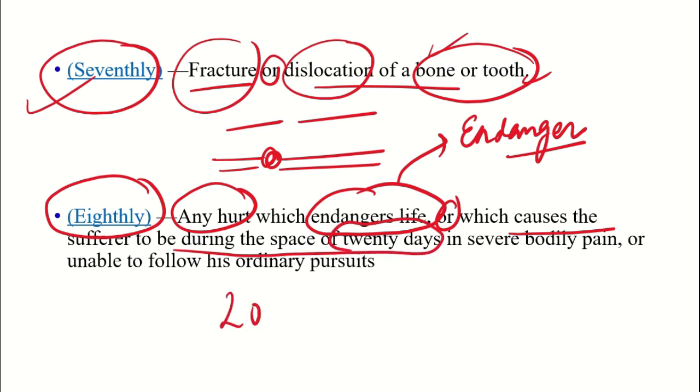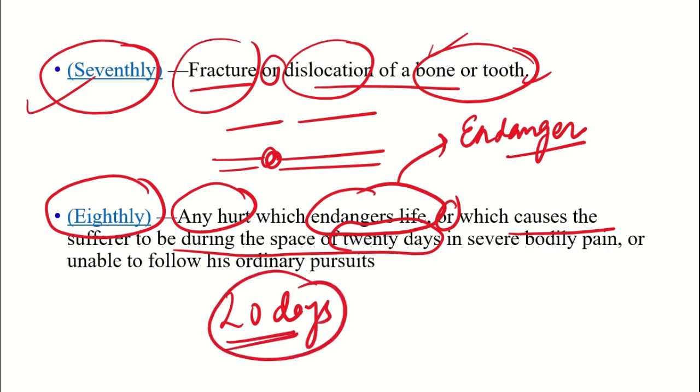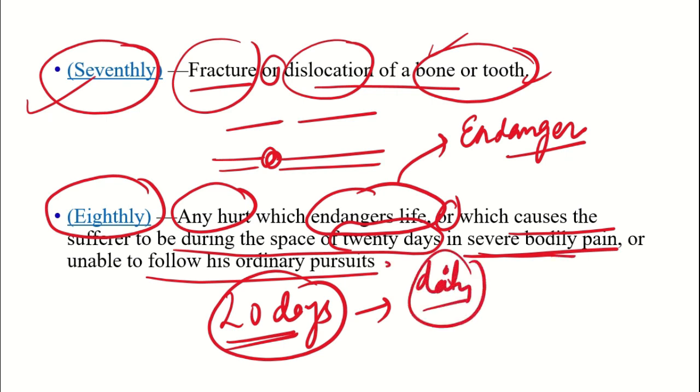Okay, this minimum time of 20 days has been defined, and in that duration the person is not able to perform ordinary daily routine activities, or is in severe bodily pain for a minimum of 20 days. Like severe burns and head injuries, these are injuries which endanger the life of any individual.